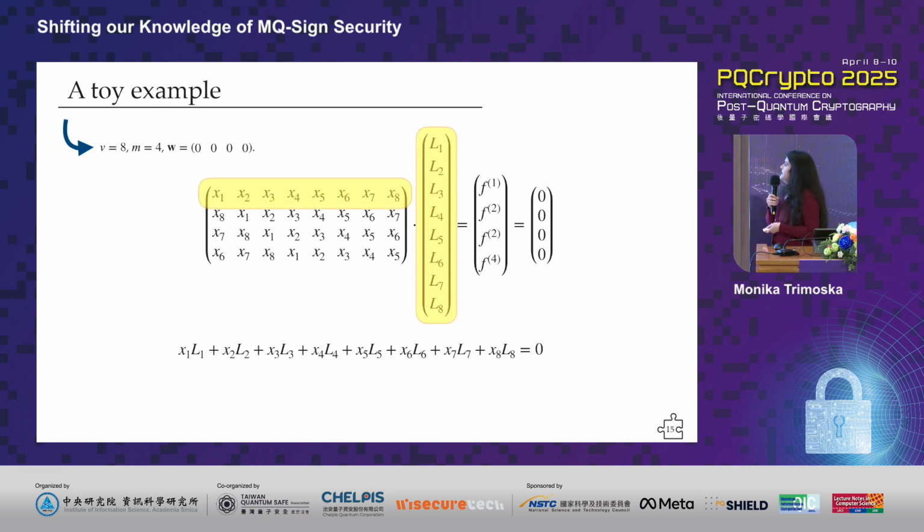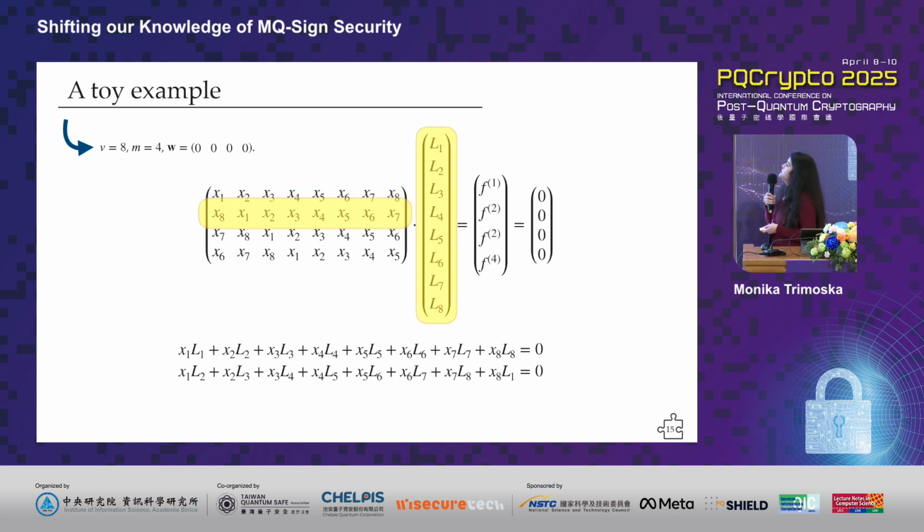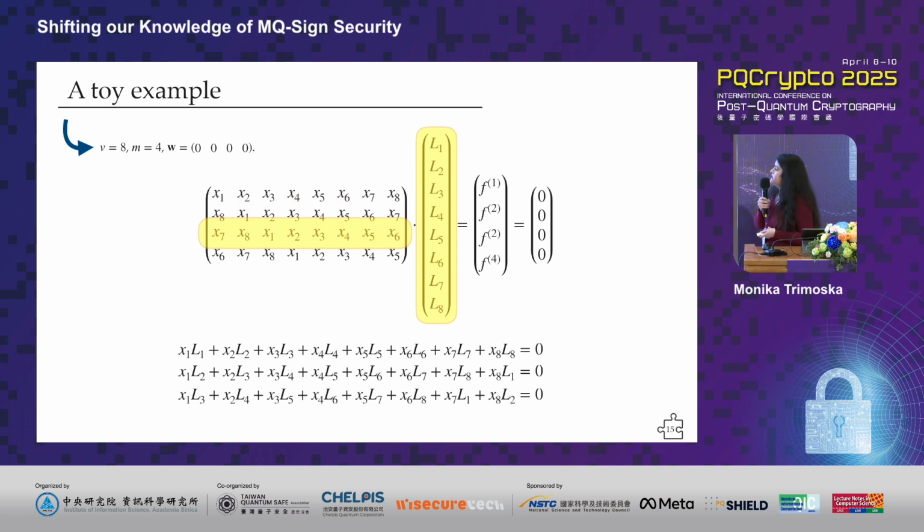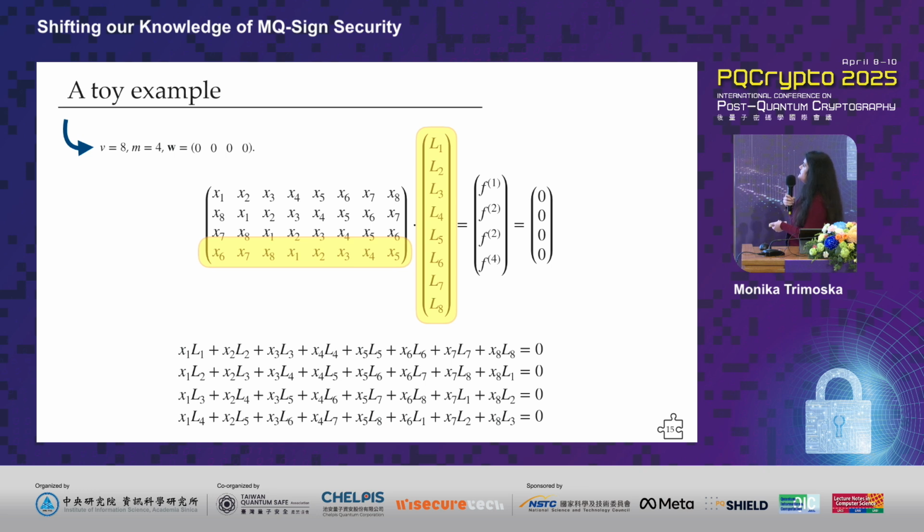So if I multiply this, this is what I get for the first equation, right? And behind this, it's a linear combination of the variables, if you recall. So that's how I get the first equation. To get the second equation, I multiply the second row with this vector, so I get the second equation. Then this is how I get the third one. This is how I get the fourth one. So this is the system that we are dealing with. This is the system that we need to solve now.